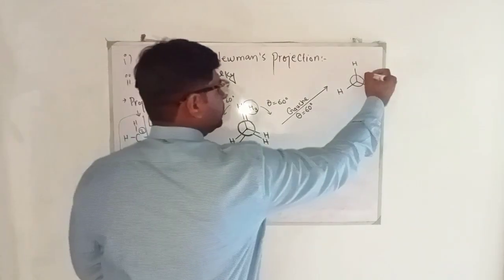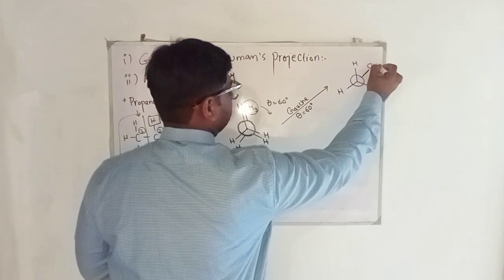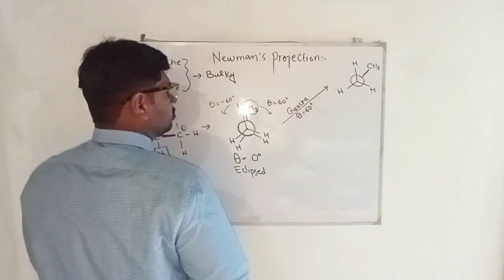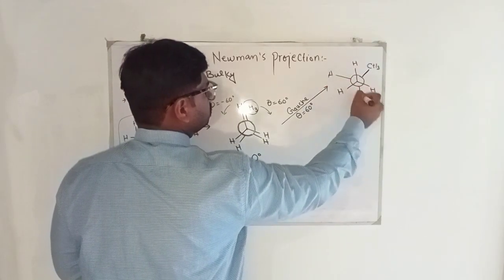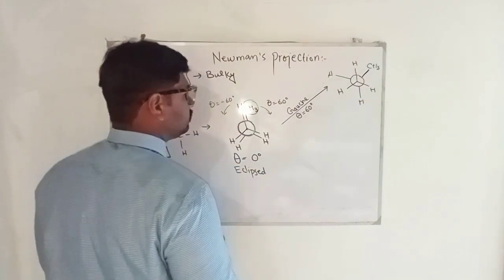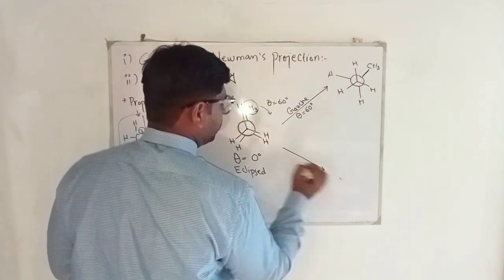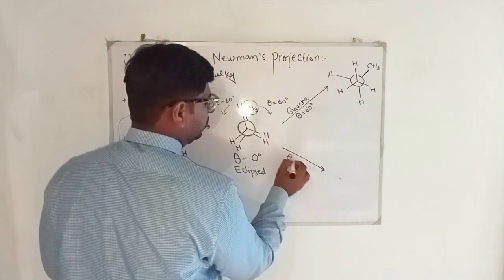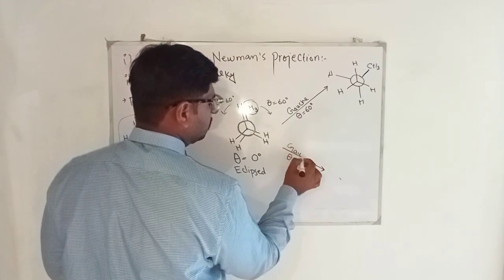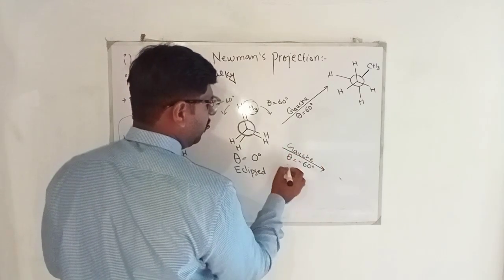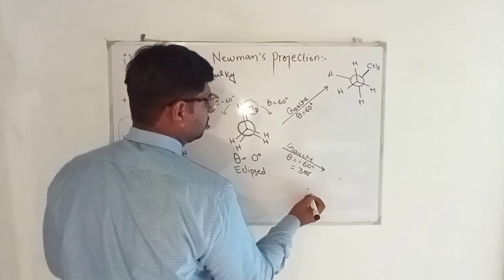I am going to mention the bulky group with this bold line. Now, as you can see that it is a staggered conformation. Let's draw at theta is equal to minus 60 degrees, or we can say that at 300 degrees.